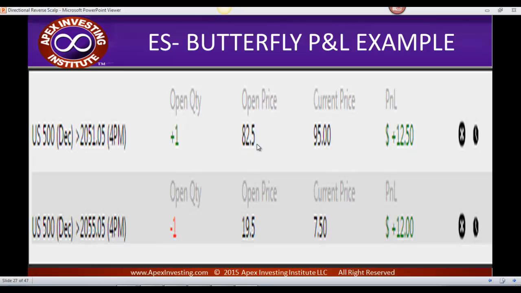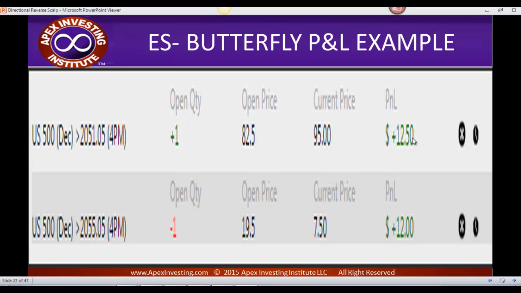So what happens here is if the market expires in the middle, on the bought side, I have a potential profit of $17.50. And on the sold side, a potential profit of $19.50. So between the two, you've got 17, 19, about a $37, $38 profit there.